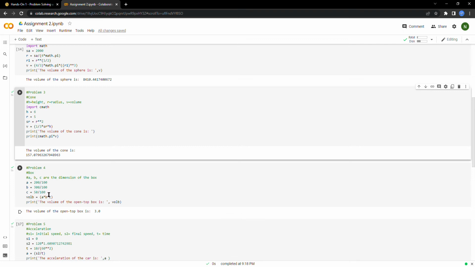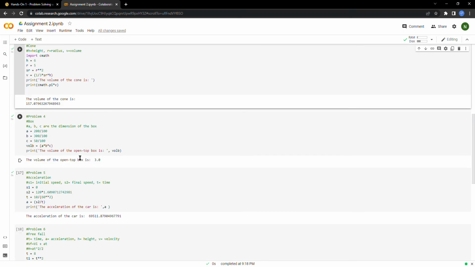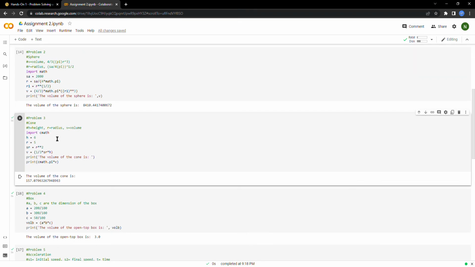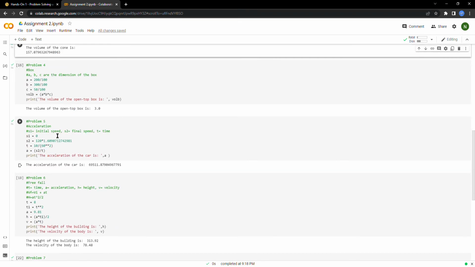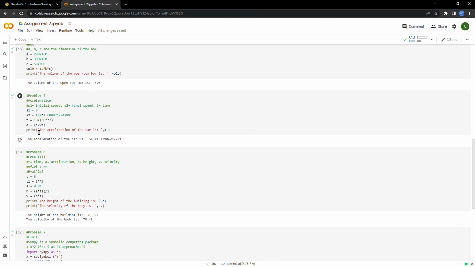After dividing, you multiply all three of them to find the volume of the open top box. Using the print function again, the volume of the open top box is 3 cubic meters. Still the same as problem 3.